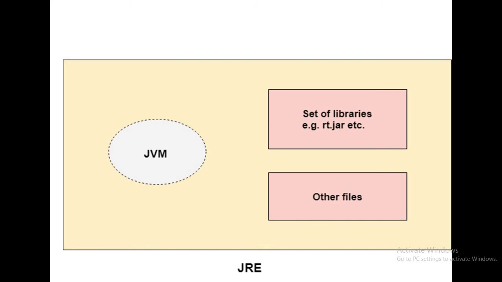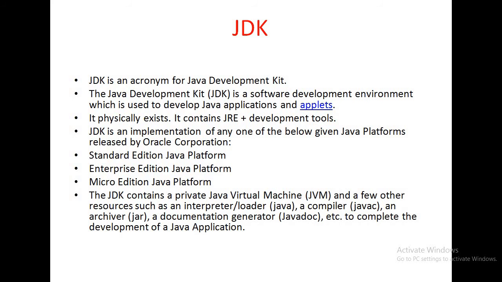Next, what is generally JDK? JDK is Java Development Kit. Java Development Kit is a software development environment which is used to develop Java applications and applets. It also physically exists, and JDK is nothing but JRE plus some development tools.